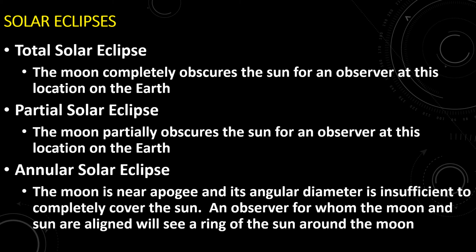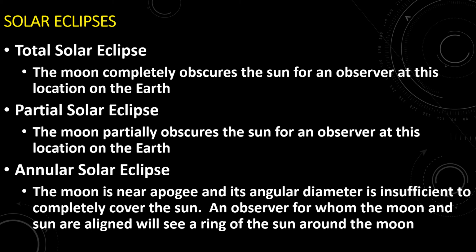So there are also different types of solar eclipses. The lunar eclipse occurred when the moon was at a full moon, but a solar eclipse will occur when the moon is at a new moon. A total solar eclipse is when the moon completely obscures the sun for an observer at this location on the Earth.